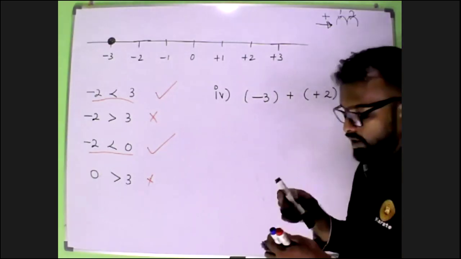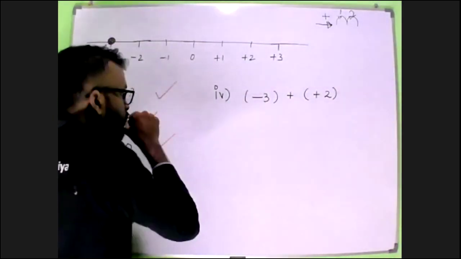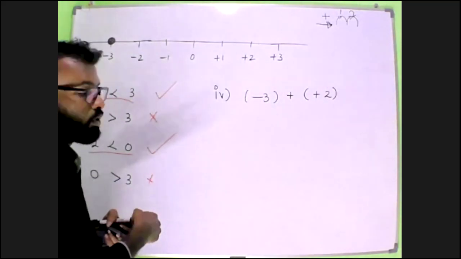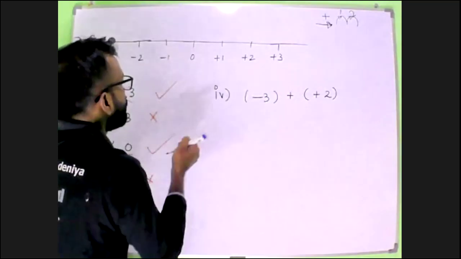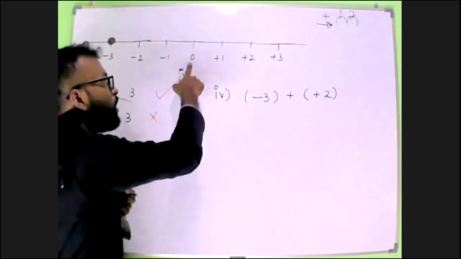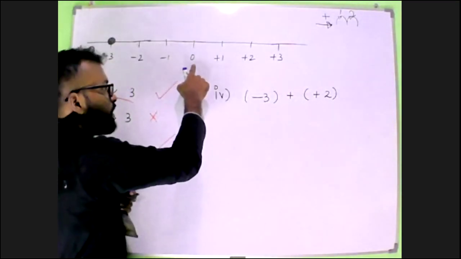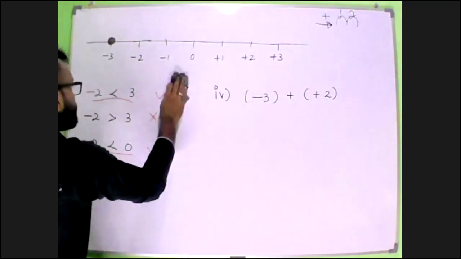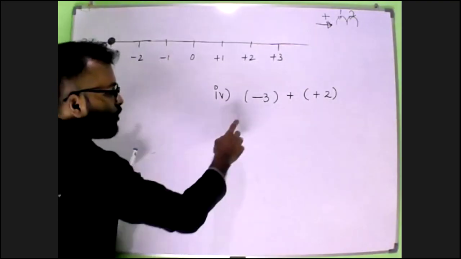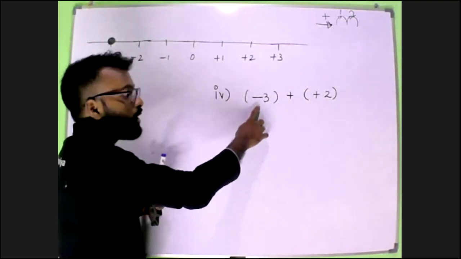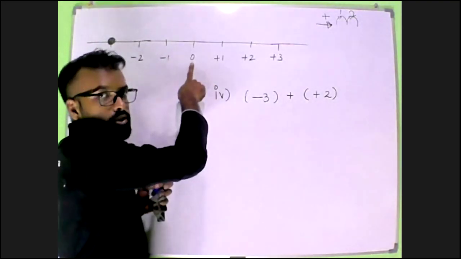So very easily, how do you do this from the beginning of the number line? Here you have 0. I am going to begin from here, so first of all I am going to find minus 3 starting from 0.